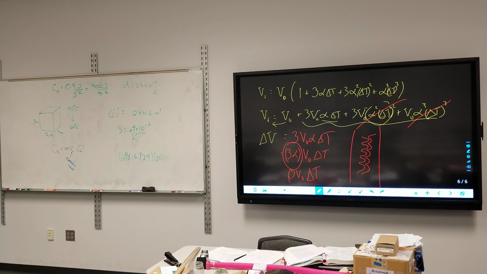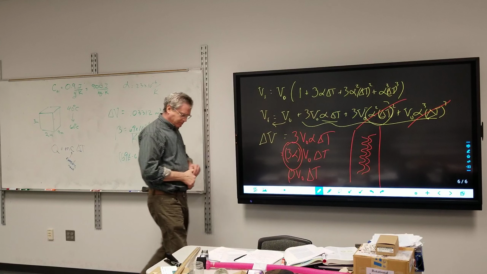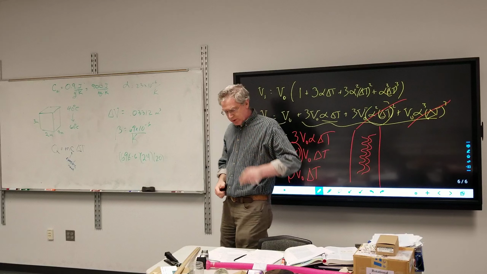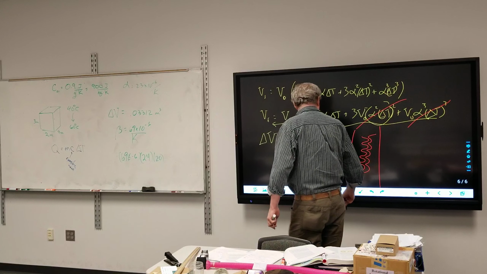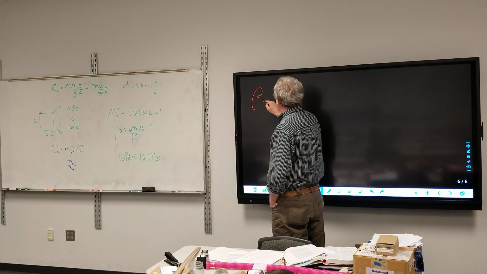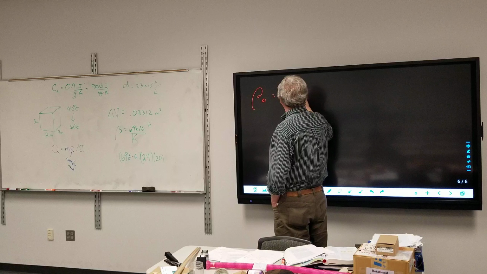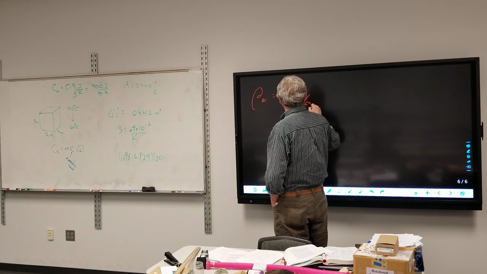All right, so let's try to figure out how much energy it's going to take in order to do this. Well, how do we find the mass? Density. Okay. Density of aluminum, I do remember. 2.7 grams per cubic centimeter.